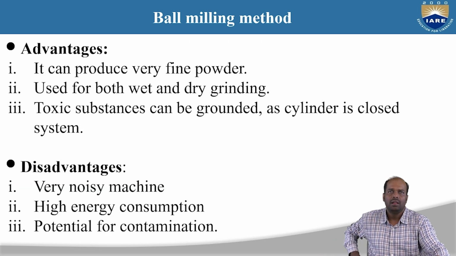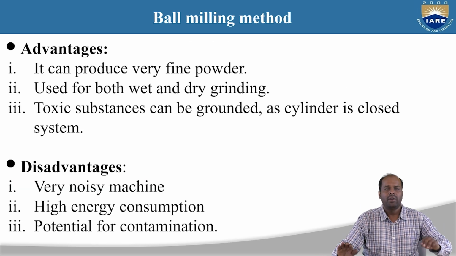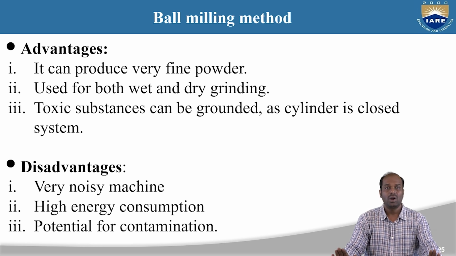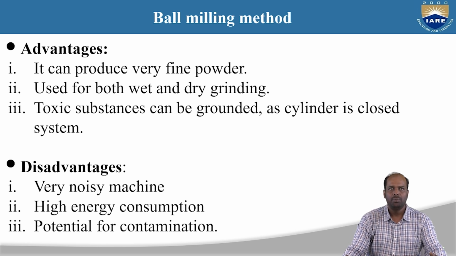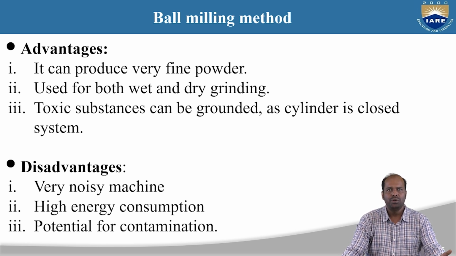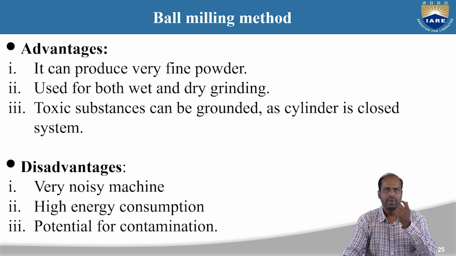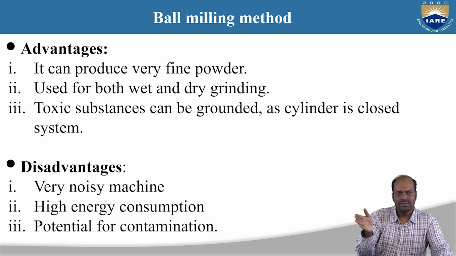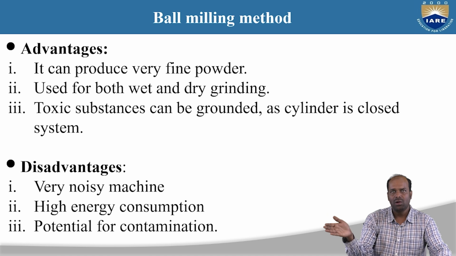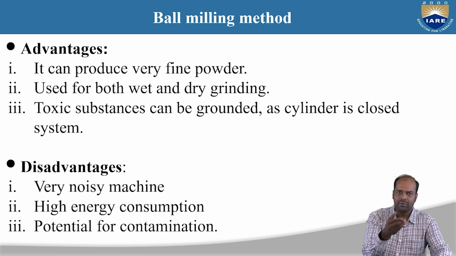Next, what are the advantages of the ball milling method? One major advantage is that it can produce very fine powder and can be used either in dry form or in wet form.